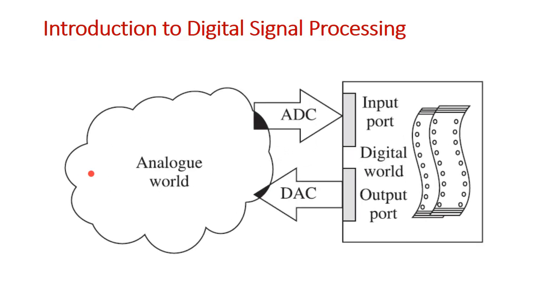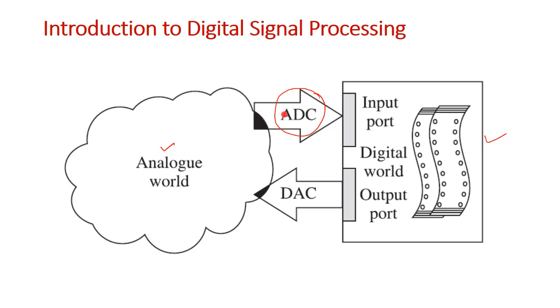Let us first see an introduction to digital signal processing, which is very important. This is your analog world. This block diagram shows how we can interface between the analog world and the digital world, right? This is your digital world. Now the interfacing is your ADC, that is, what we call the analog to digital converter, right?